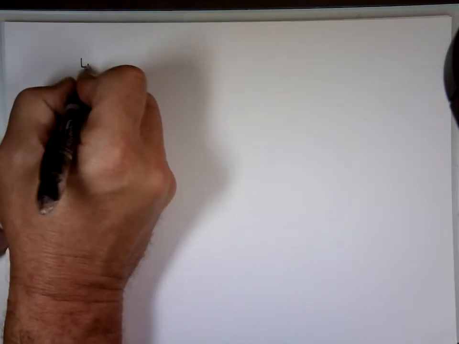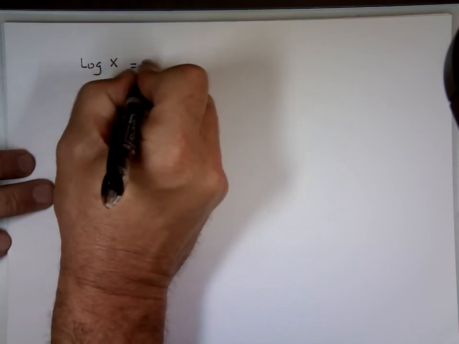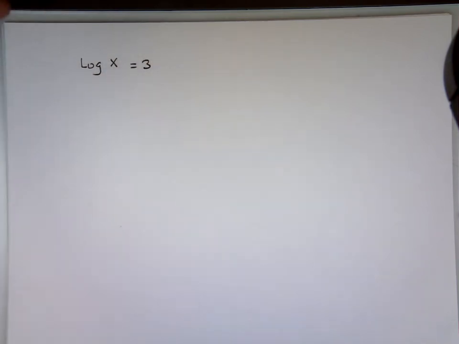What about if we actually give it to you backward? If I give you the answer, can you tell me what the number is? So I'm working in reverse now. For example, if I said to you log x base 10 equals 3, can you find what x is? Well, that's easy.